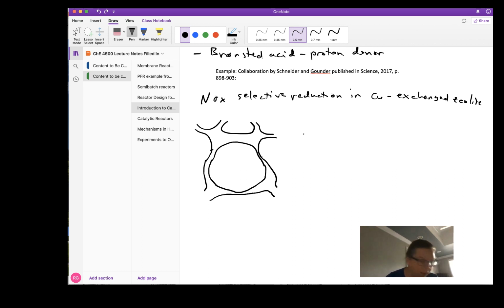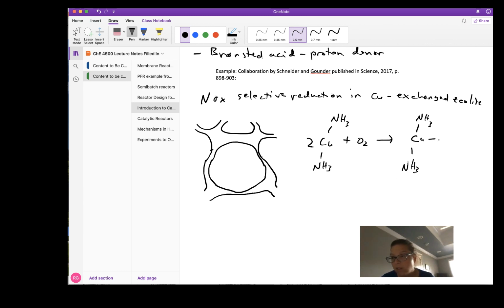So what happens here, we have copper ions within this porous structure. We'll say two copper ions come together. They're going to be bound to the ammonia. So the ammonia will bind to these copper ions. And now we need to react with oxygen. So what happens there? The oxygen promotes binding of these two species, and they bond together via this oxygen atom.